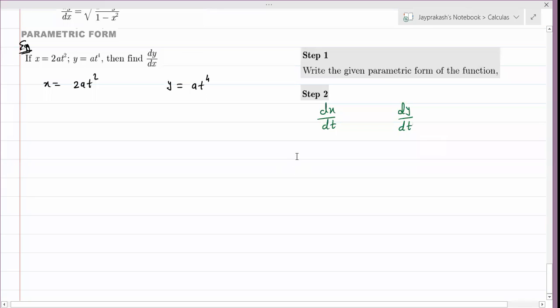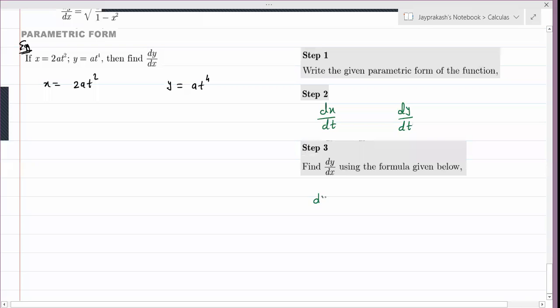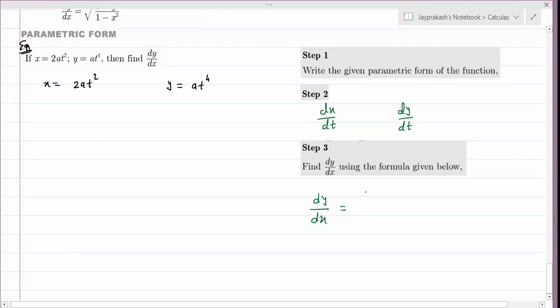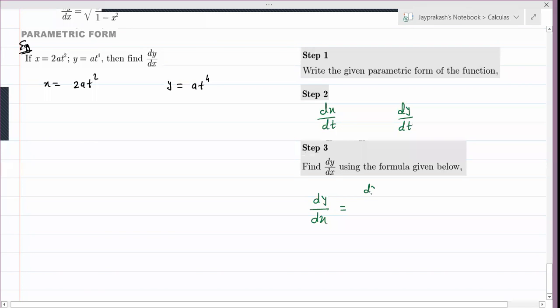Then the third step, we need to find dy by dx. So to find the dy by dx, we will write the given equation as dy by dx. So let's divide each x and y with respect to dt.